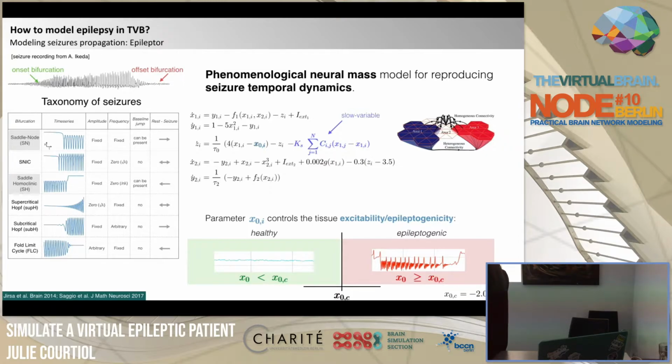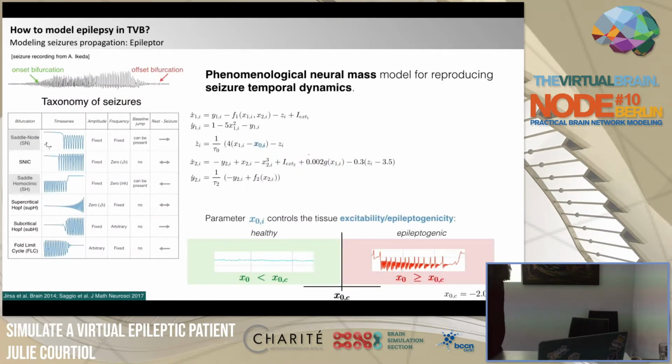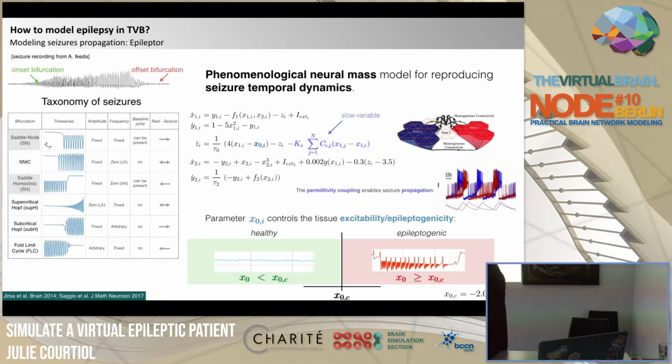And the fact that we are introducing the coupling on the slow variables, it's because it was shown in another study, it's not written here, that we put this coupling on the slow variables and not on the fast to reproduce this propagation pattern that we observe in the experimental data.